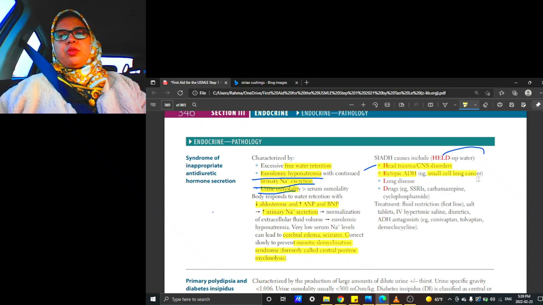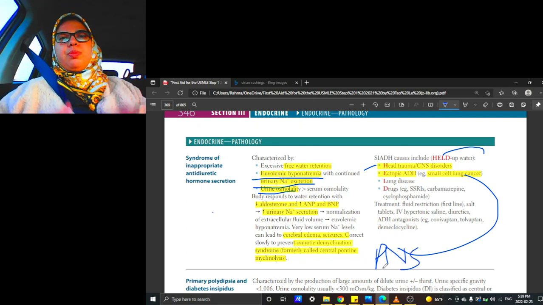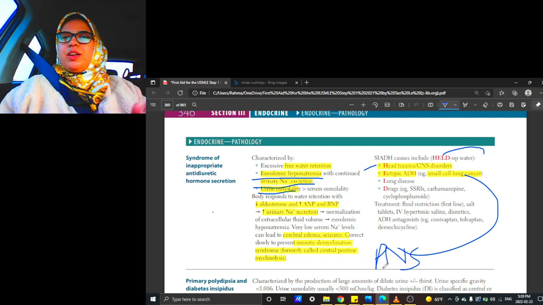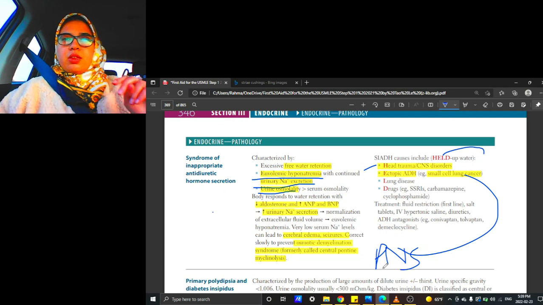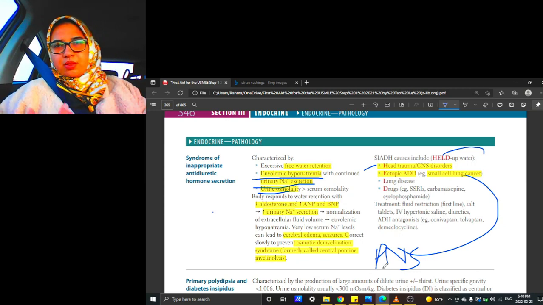Sometimes, and especially notorious, is small cell lung cancer. Small cell lung cancer is notorious for something called paraneoplastic syndrome. Paraneoplastic, as the name implies, means beside the tumor. Beside the tumor, I have another set of syndromes that I'm dealing with, and that's usually because of two things. Either the tumor is secreting hormones, or the body is having an immune reaction to the tumor cells, and that's causing another syndrome.